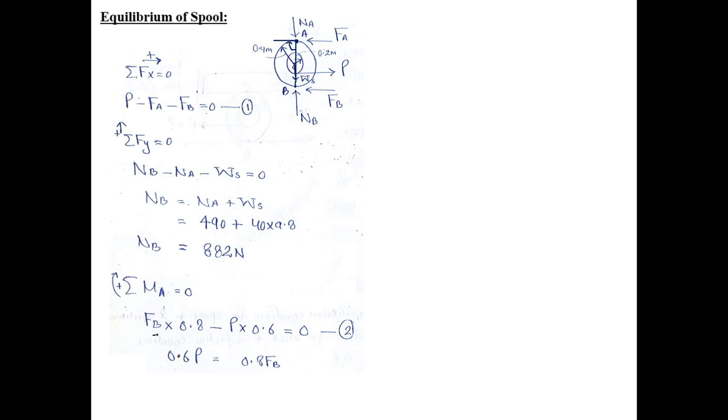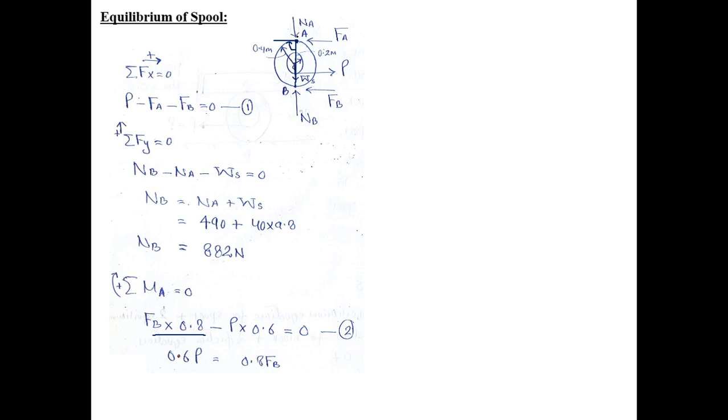So that is why FB multiplied by 0.8 is the moment. And then you have to use the moment arm for P. This P from the center, this distance is 0.4 plus 0.2 makes it 0.6, right? So the moment arm for P measured from A is 0.6 meters.